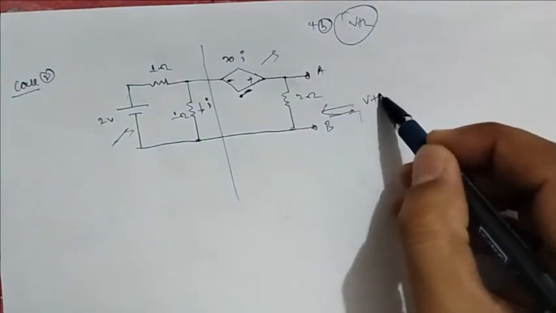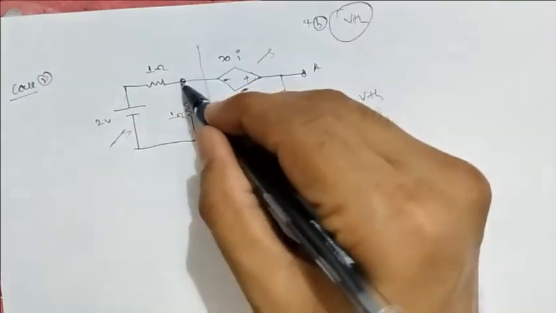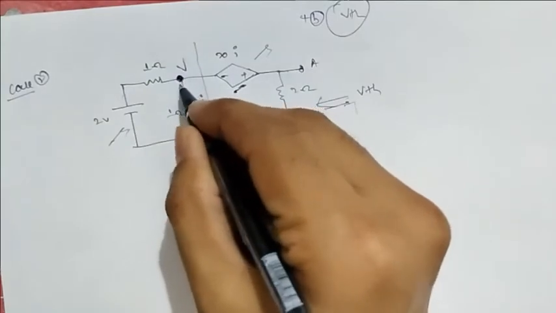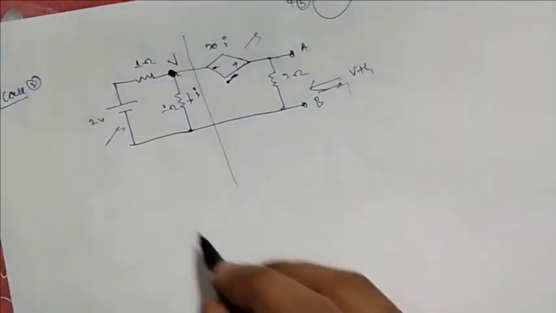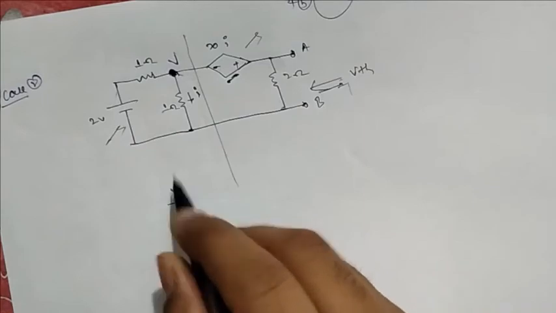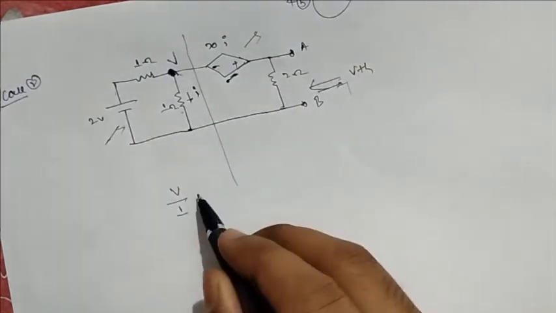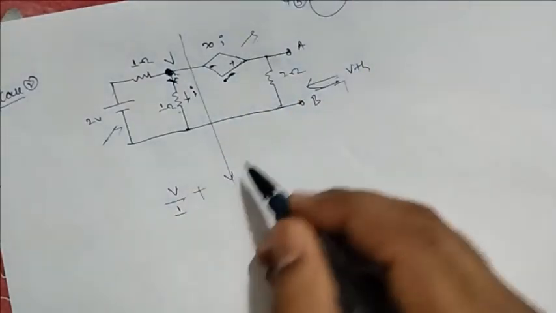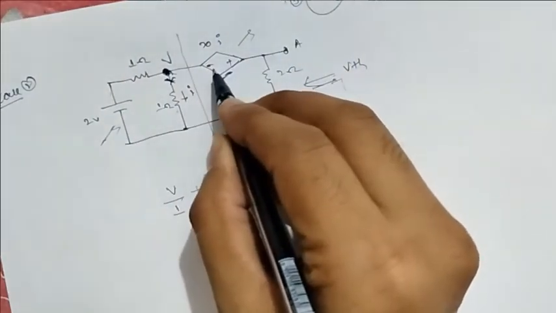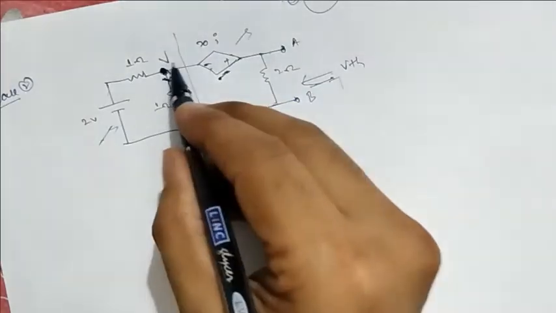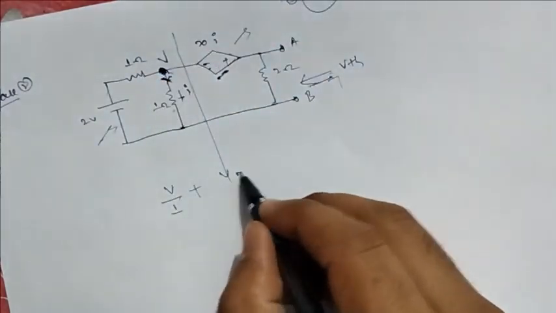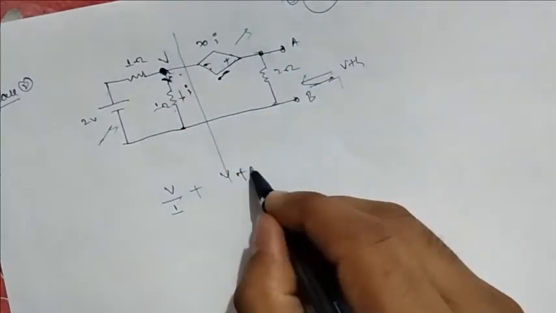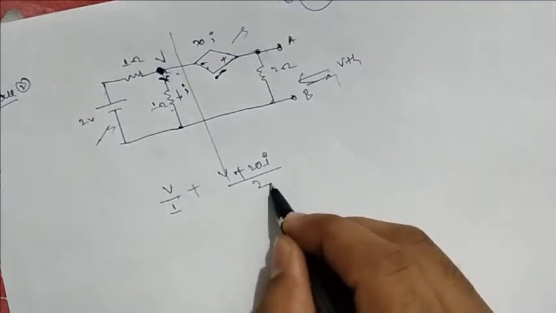Now this is the VThevenin we need to find. Suppose this is your V. Now if I apply KCL at point V, then V by 1, this is 1 ohm, plus this current going here, V minus this V, this is the voltage drop, V plus 20I by 2.